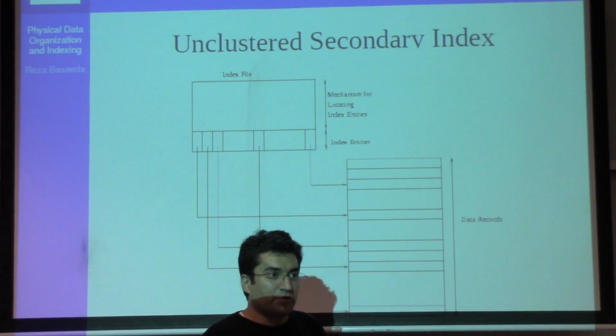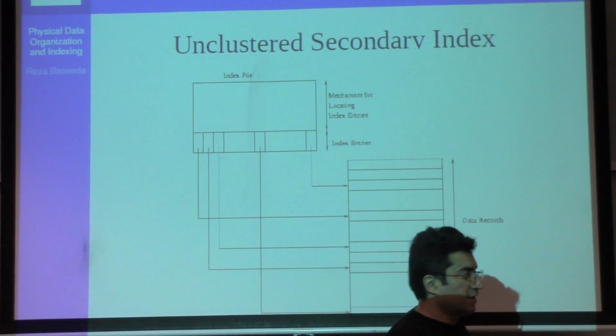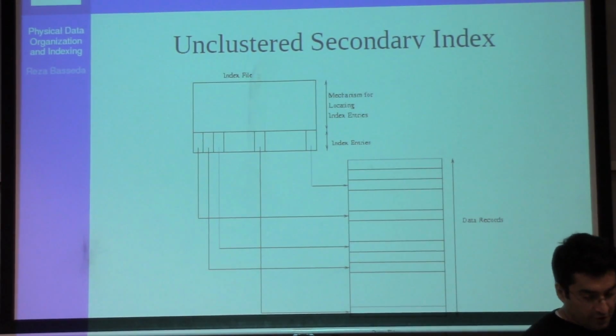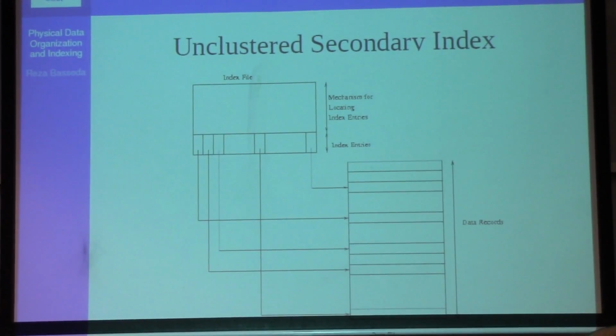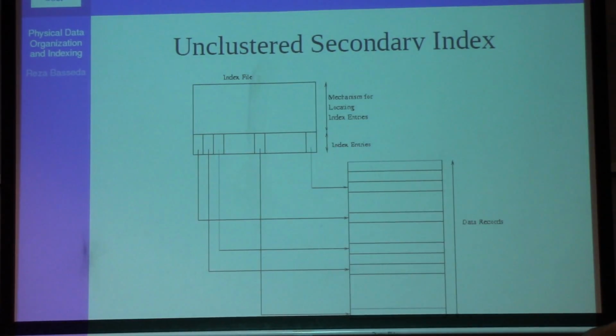A secondary index on the last name is probably not good for searching a range of names between, say, Waseda and, what was your last name? Atmikul. What's your last name? If you define this range, it's not good. Why?